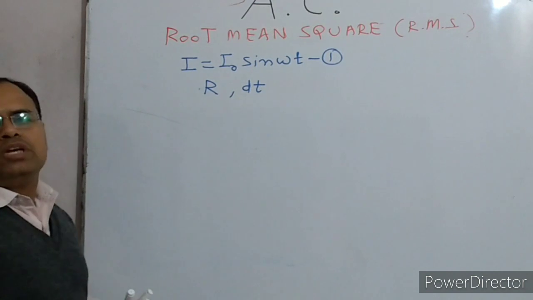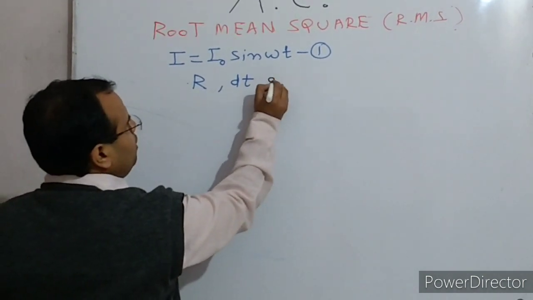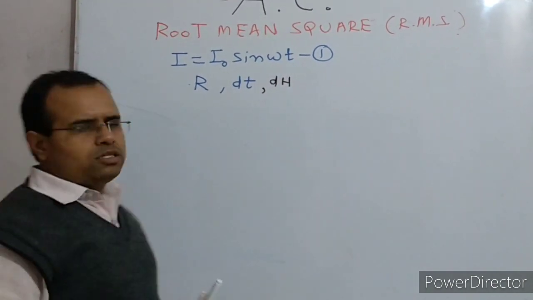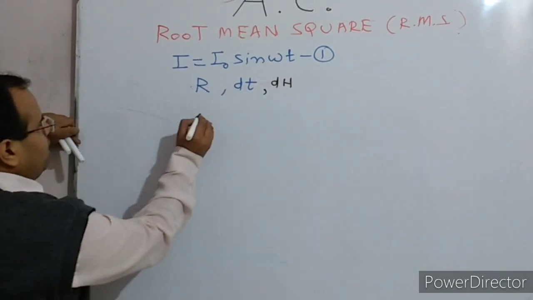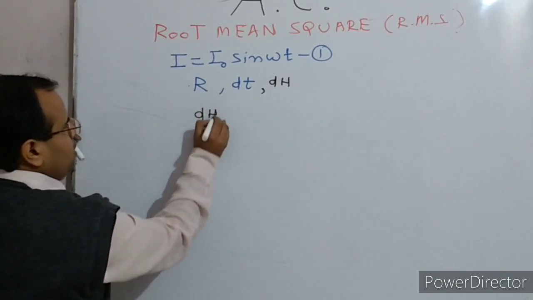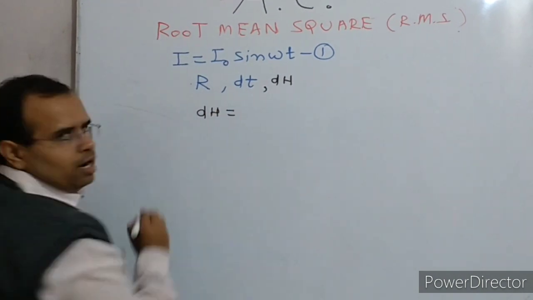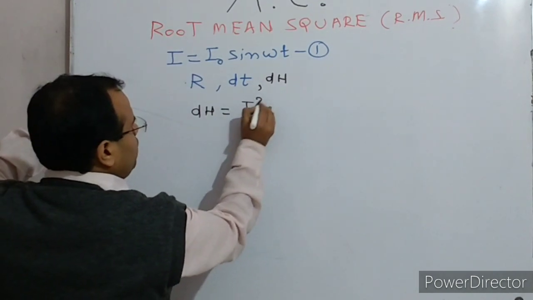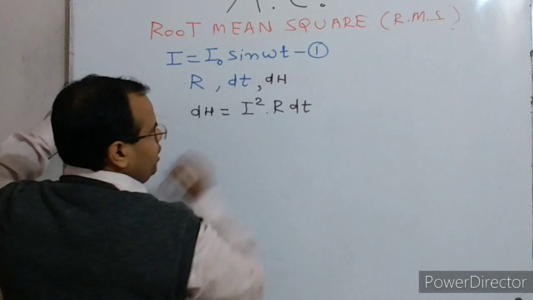It generates some heat. Let the heat generated by the alternating current be dH. You know the formula, H equals I square R T. So you can write dH equals I square R, and in place of T you can write dt.